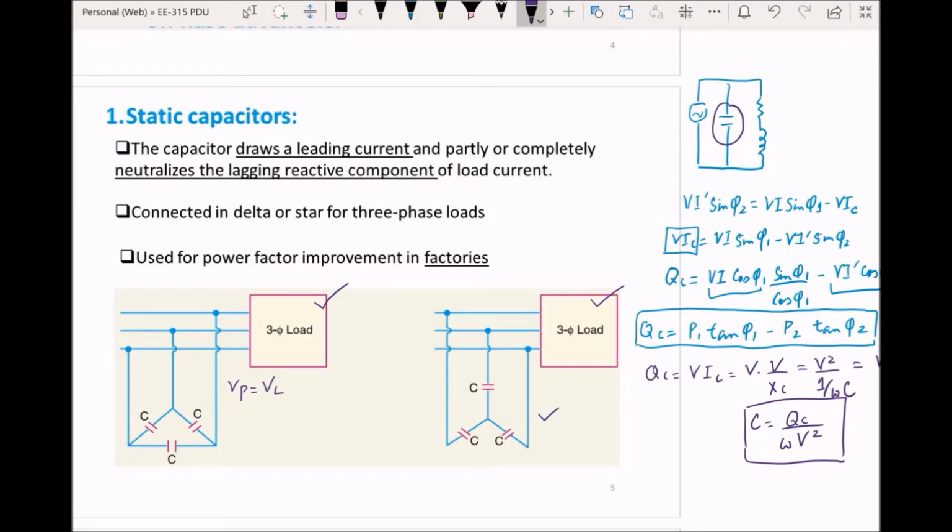In that case the capacitance of the delta connected capacitor will be equal to the reactive power being drawn divided by omega V_p square, or it could be equal to Q_C divided by omega V_L square.